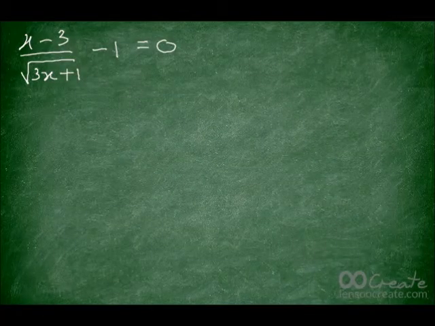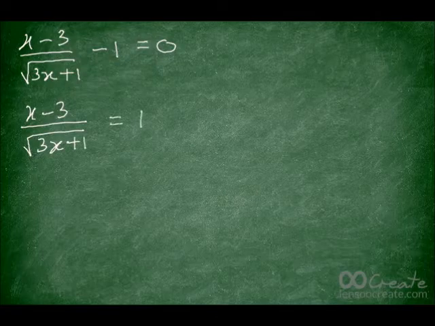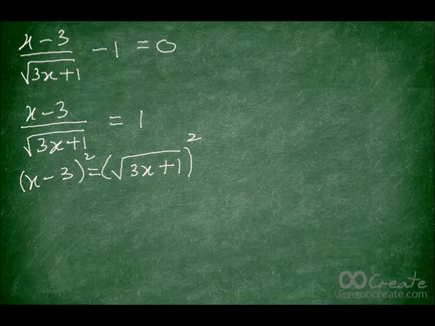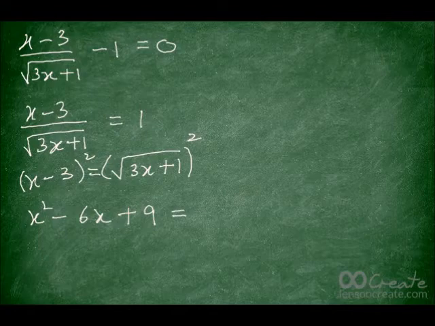The first step for us to solve this question is we try to rearrange the equation and leave the surd alone. Then we square both sides to eliminate the surd sign. Step 3, we need to expand the equation. Step 4, we rearrange the equation into the quadratic form.